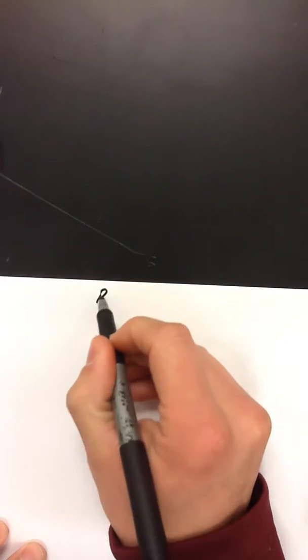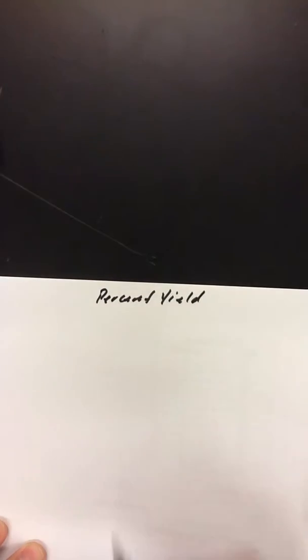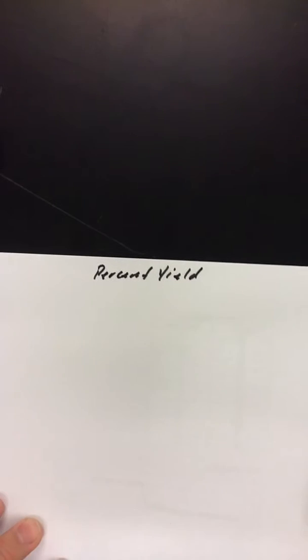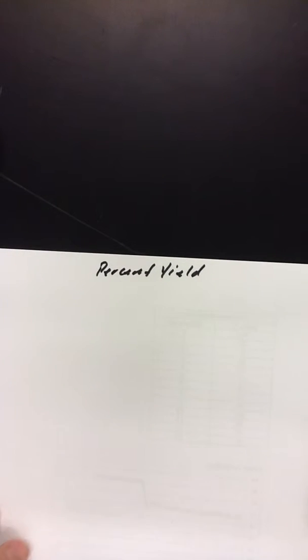So because we can never have a 100% actual yield, we come to this idea of a percent yield. It's literally, as its name implies, how much of a yield are we actually getting, or what fraction of the whole amount are we actually getting out.